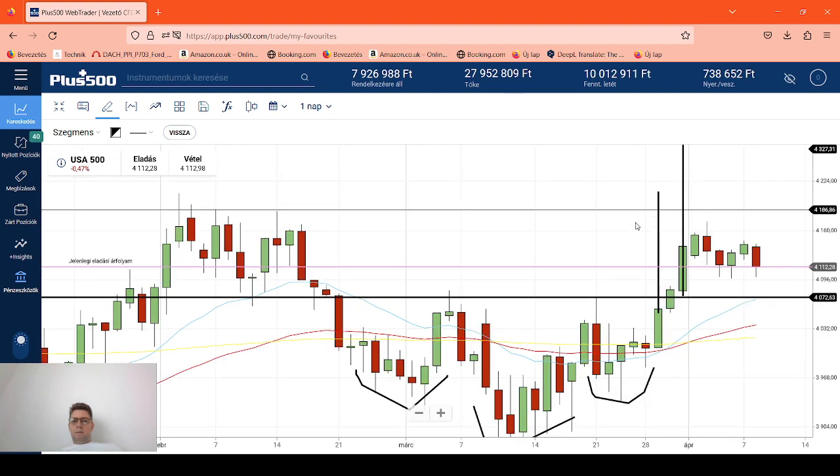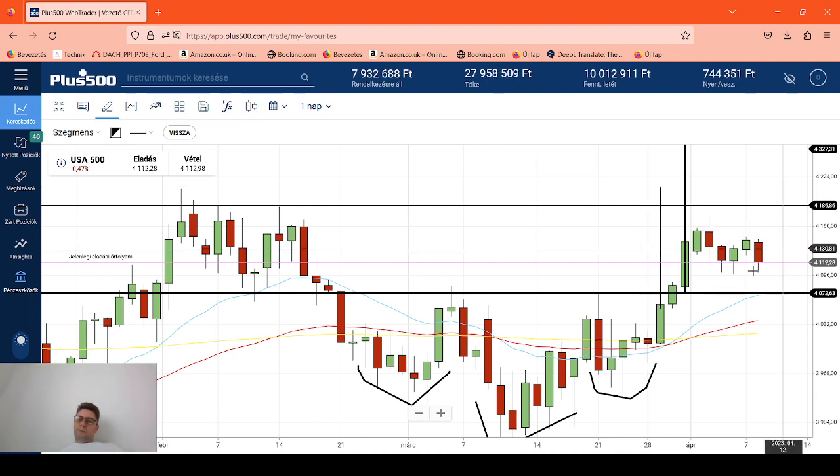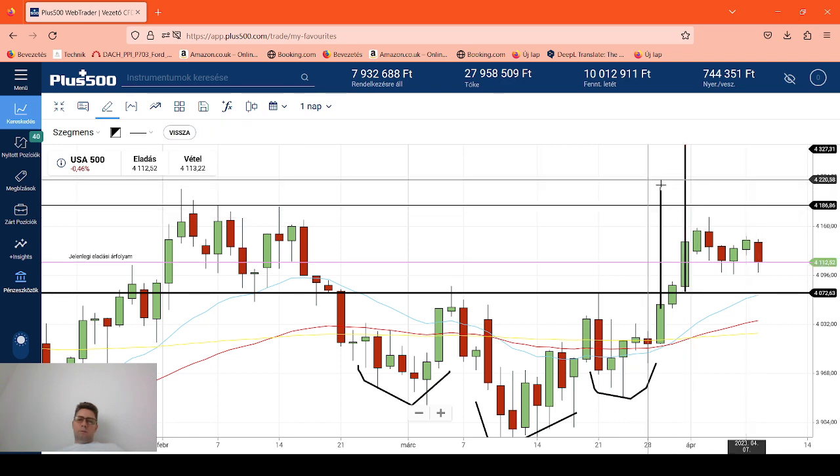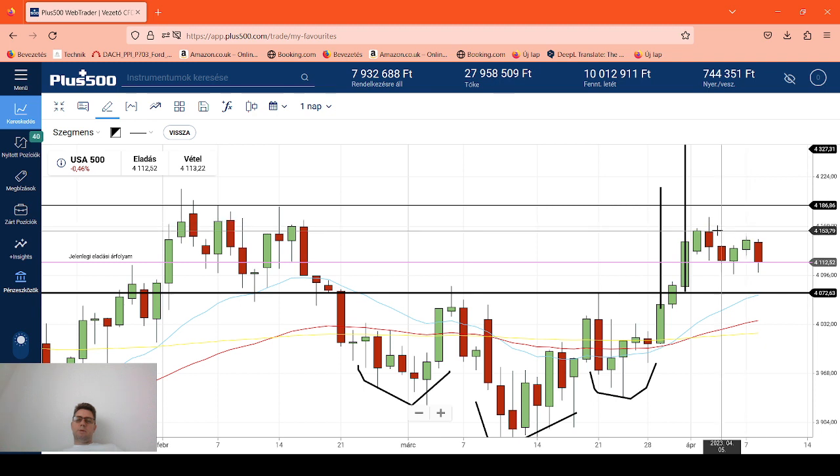And then the price target is actually 42.11. So I'm bullish on S&P 500. I think both price targets are valid price targets.